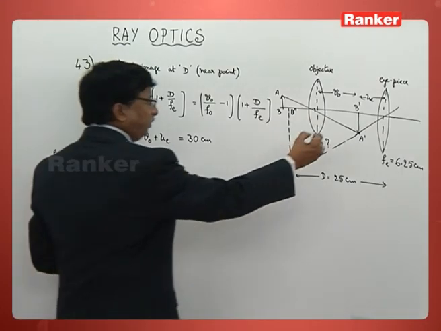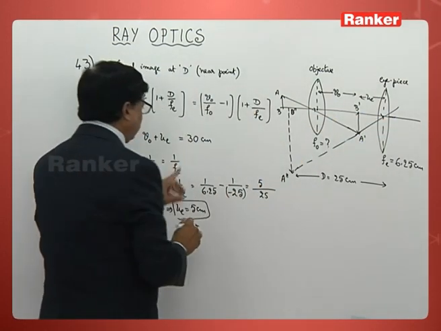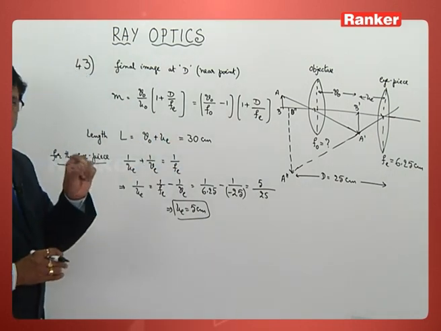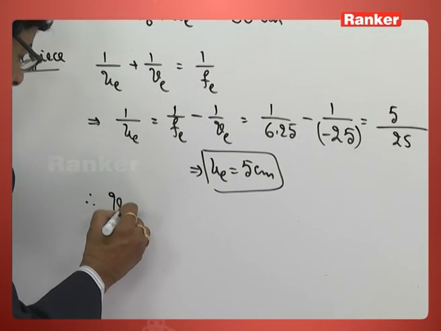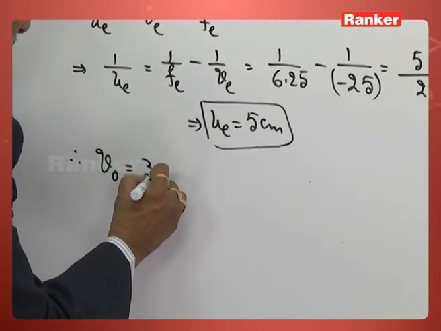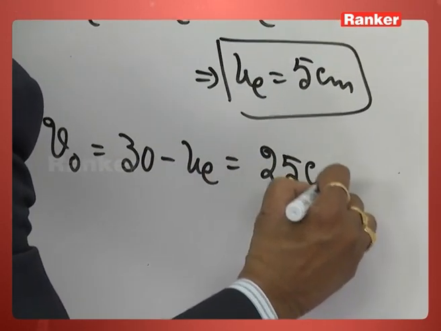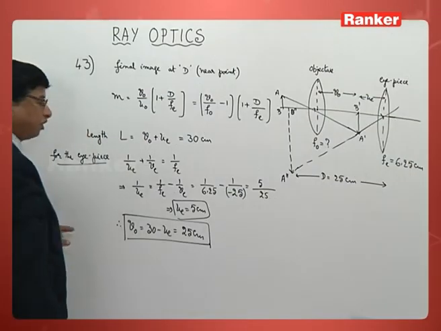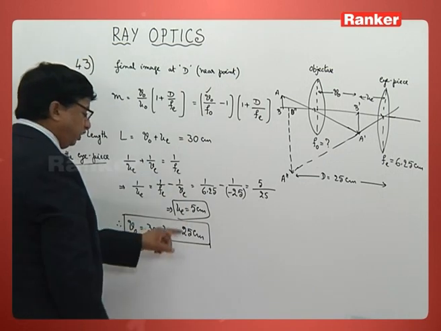When this distance is 5 centimeter, the remaining distance out of 30 must be 25 centimeter. So what can we write now? Therefore, VO is equal to 30 minus UE, which becomes 25 centimeter. So in this formula, VO is known to us as 25.